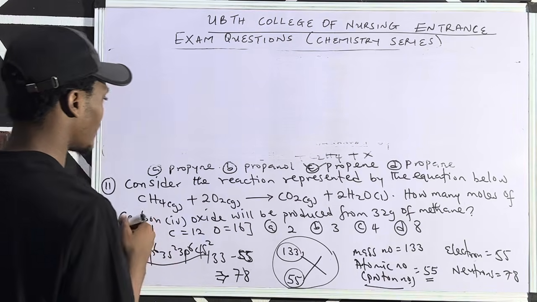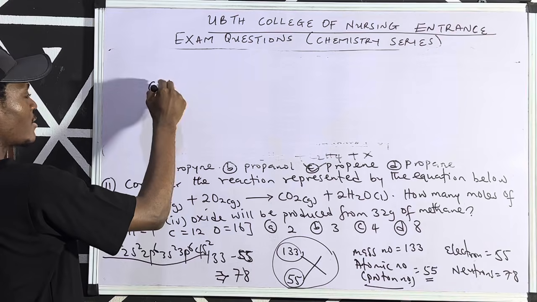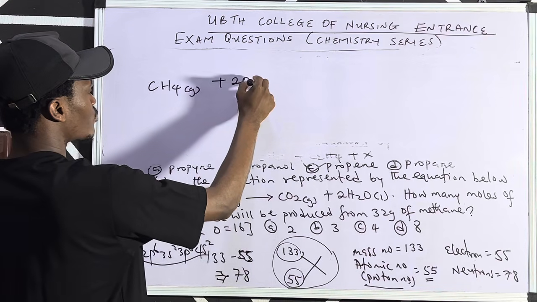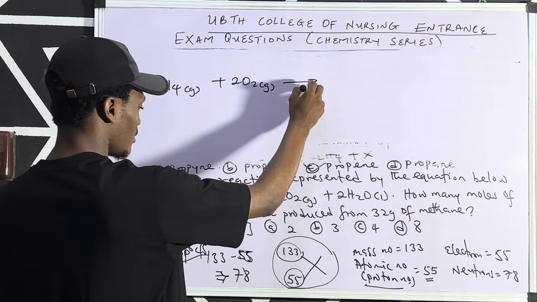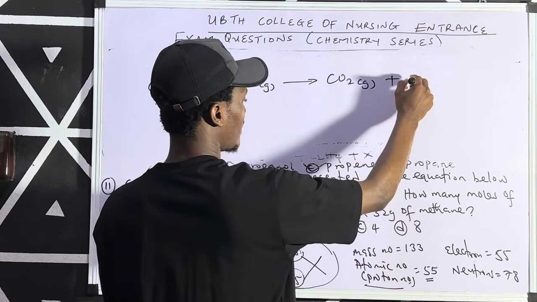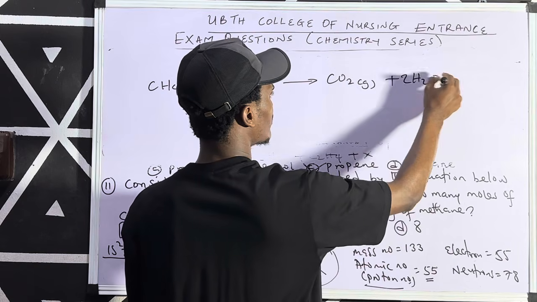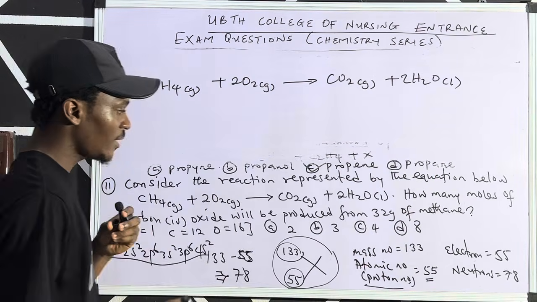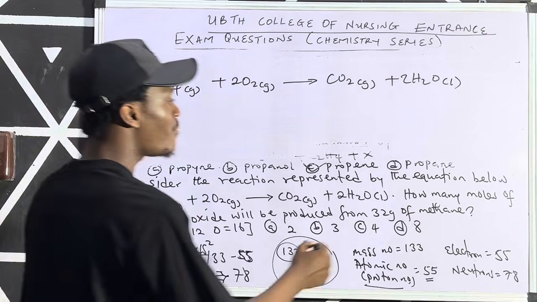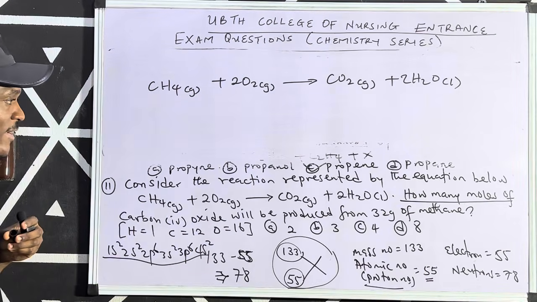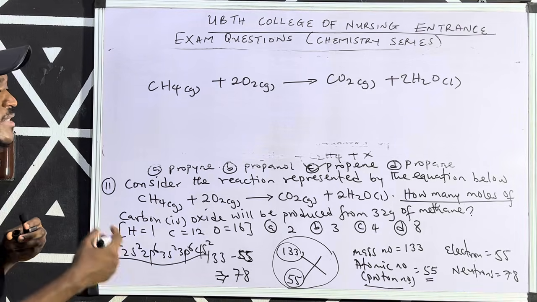Firstly, let's bring out the equation. CH4, methane, plus 2O2, oxygen, to produce CO2, carbon dioxide, and H2O, water. So the reaction is balanced. Now what did they say? How many moles? So what they are asking us is to calculate the number of moles.